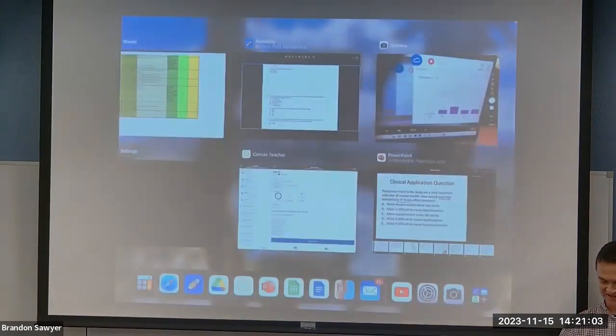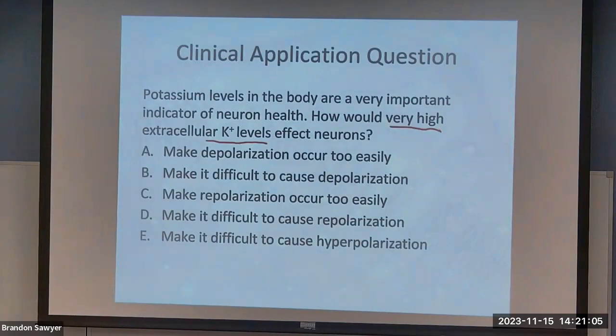We're not sure. That's okay. So I'll leave it open there for a sec for a couple more of you to send it in. So the answer that's winning out the most is C. But really the answer that I'm looking for is this one, making it difficult to repolarize.